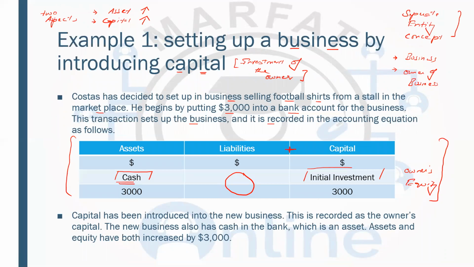Then we did different examples for it. Make sure you are plotting the correct things into the equation. This was all about the accounting equation. Hopefully you understood the concept. Take care.